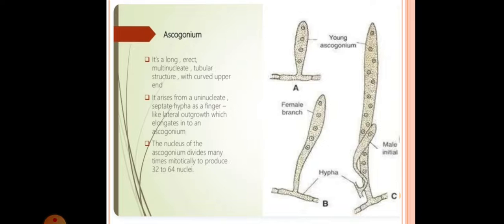So here the ascogonium is the female gamete. It is a long, erect, multinucleate tubular structure with a curved upper end. So here you can see the young ascogonium. It is a tube-like, multinucleated structure with a curved upper end.